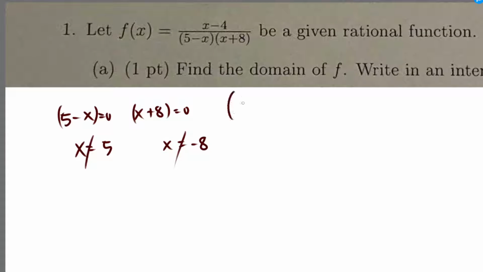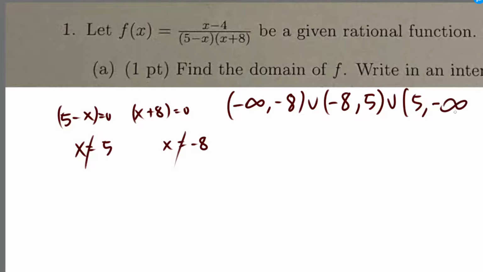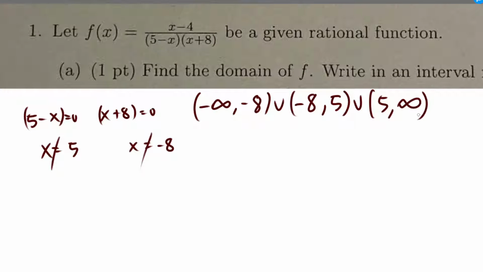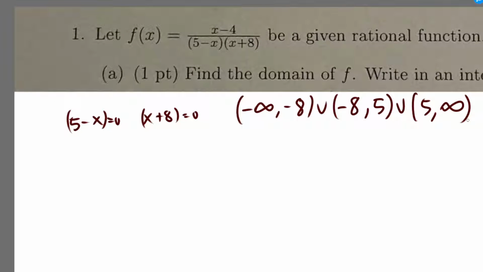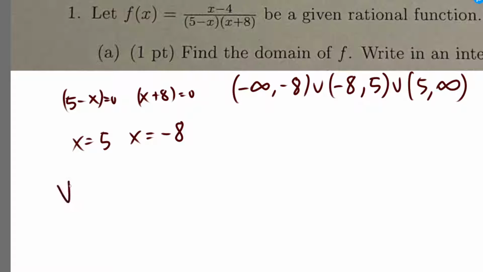So our domain is going to look like negative infinity to negative 8, negative 8 to 5, and 5 to positive infinity. And conveniently, these that we found, x equals 5 and x equals negative 8, are going to be our vertical asymptotes.